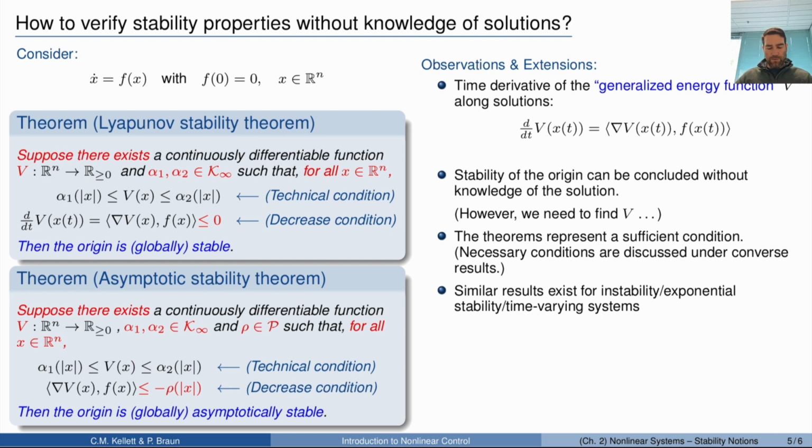As mentioned before, here we focused on this very simple dynamical system, autonomous, but we can also extend that to time-varying systems. Here we have focused on characterizations of stability and asymptotic stability, but we can also define Lyapunov functions which guarantee exponential stability or which guarantee instability.